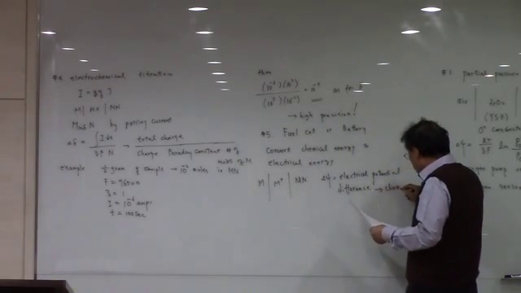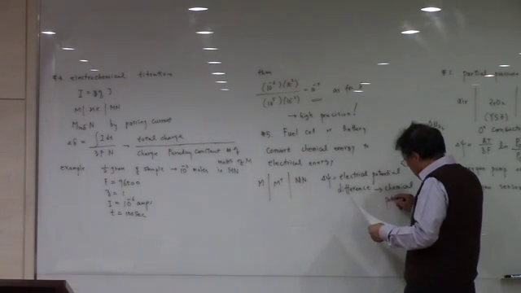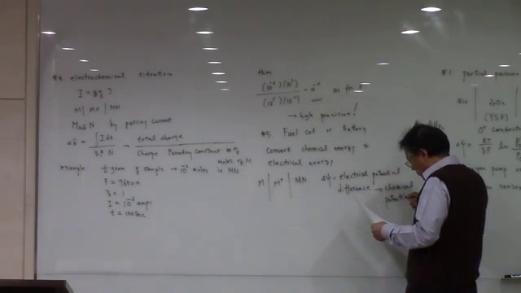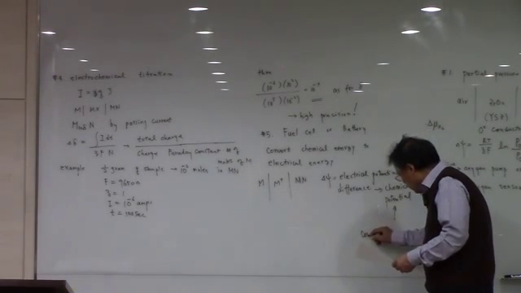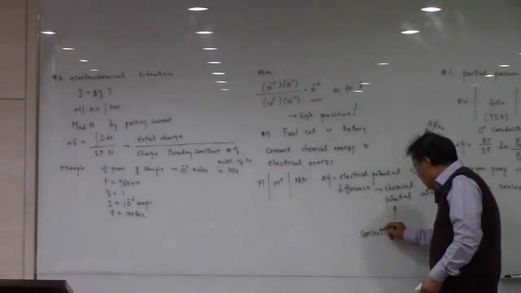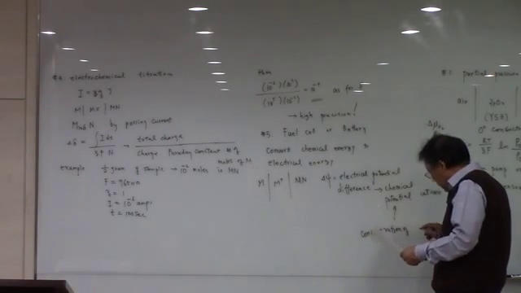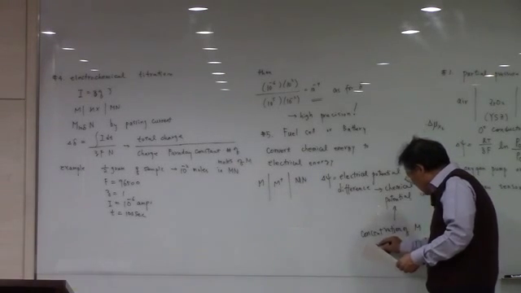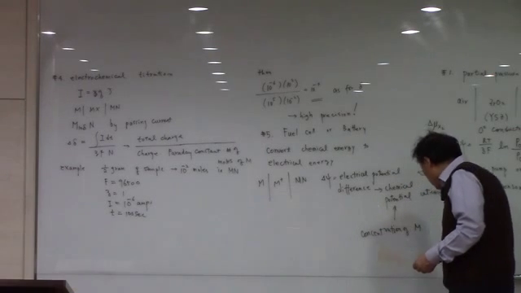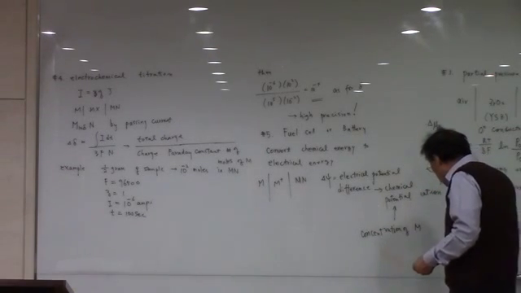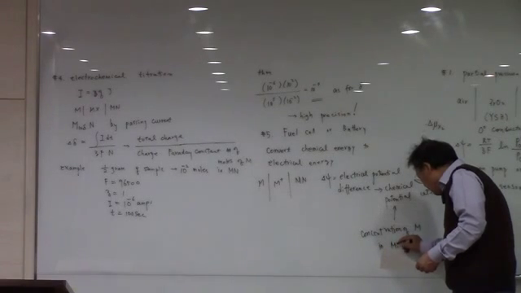And then it is related to the chemical potential. And that is the concentration of species M in MN, right?